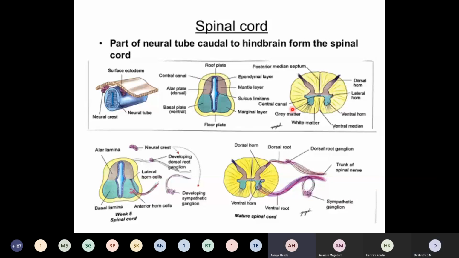Ma'am, the dorsal root carries sensory nerve fibers and the ventral root carries motor nerve fibers. Who is that answering? Ananya. Yes, tell me. Can you just tell me about the typical spinal nerve, how the nerve rootlets arise and how they join? First we have the dorsal root and the ventral root, then both of them join to form a mixed trunk.